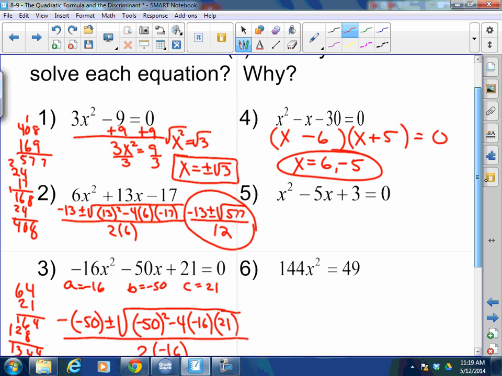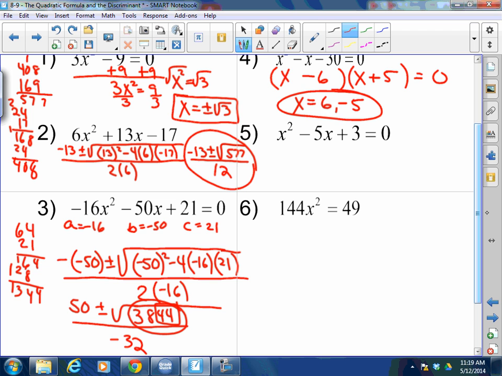How about number 5? Now you guys are just saying factor because I think that's what you want me to hear you say. I want you instead to think. What multiplies to 3, but when added together is negative 5, friends? Nothing. So don't just say factor because that's what you think I want to hear. I want you to analyze each one and think. This is not factorable, so we're going to use the quadratic formula.